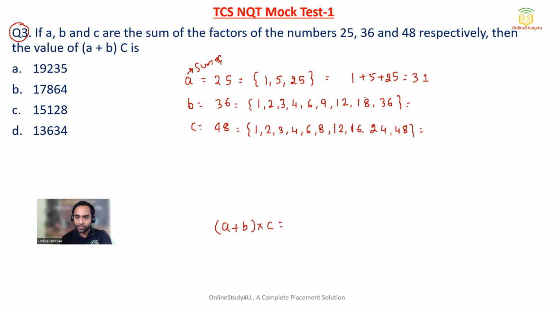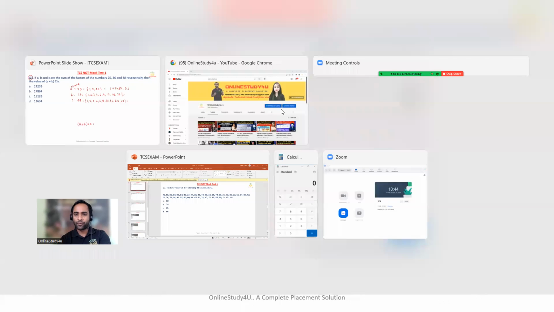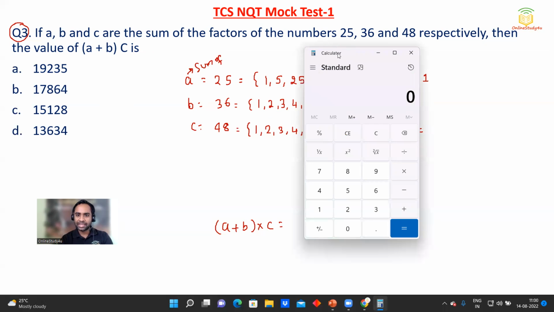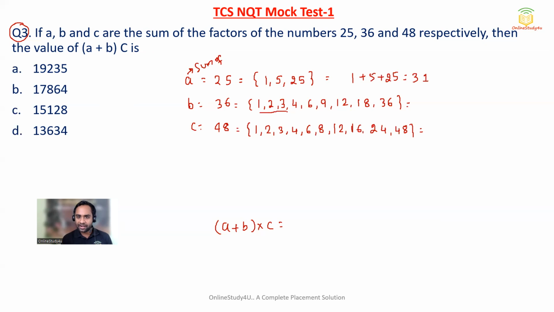Similarly, you need to add this. I will be using the calculator, because when TCS provides you a calculator, why simply waste your time? See, 1 plus 2 is 3, 3 plus 3 is 6, and 6 plus 4 is 10. So this will give you 10, and this will give you 10. And this will definitely give 18 plus 12. I'm just trying to add it in a simple way.